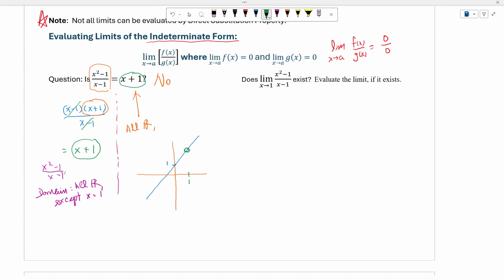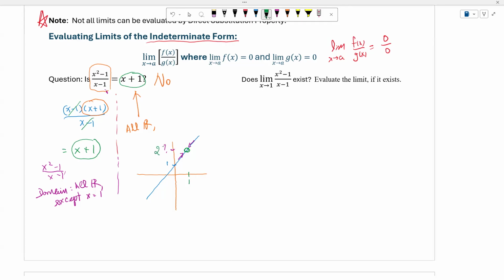If this is the case, you will see that the limit exists, and the limit must be equal to this number right here. Let's see what this number is. As we mentioned, the function looks like x plus 1, so the number must be 2.